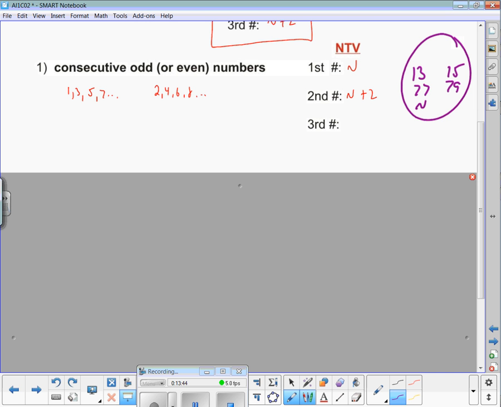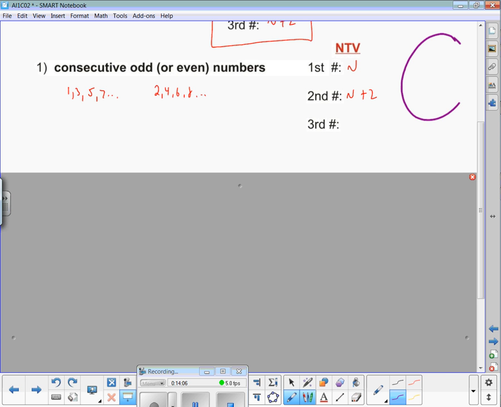What if it were even? All right, if I gave you the number 18, the next even number is 20. Aren't you still adding 2 to the 18 to get to 20? Of course you are. So whether it's consecutive odd or consecutive even, if you want to get to that next number, you have to add 2.